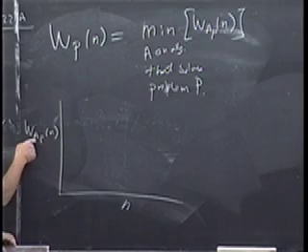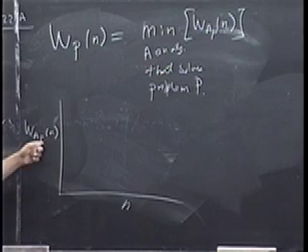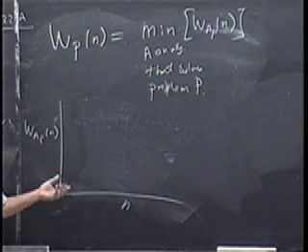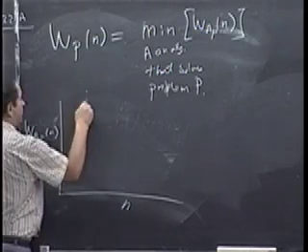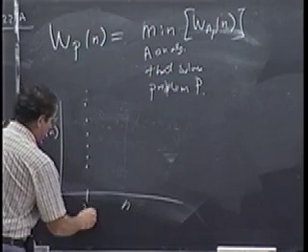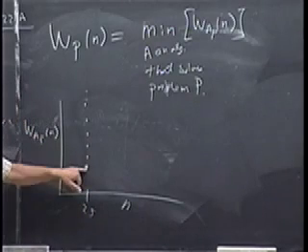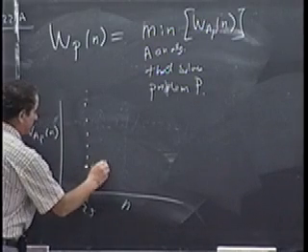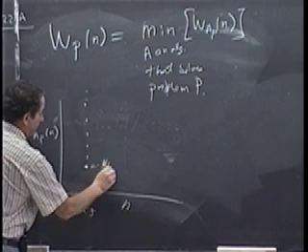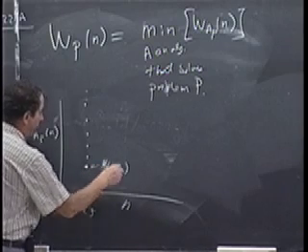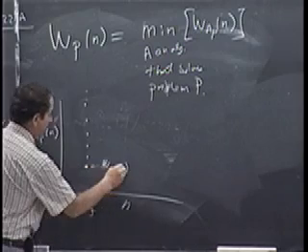So for each algorithm that you can think of, or each algorithm that exists, and this is again conceptual because there's an infinite number of algorithms. So for n equals 25, this is what W_A(n) is.